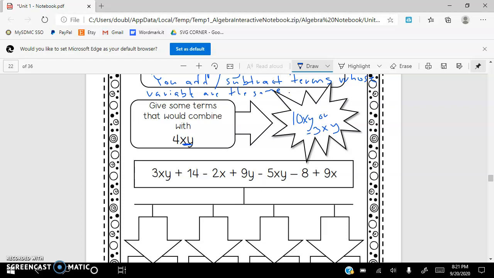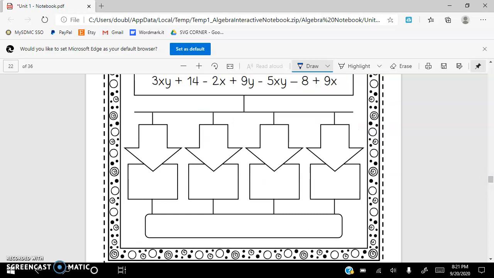So let's get everything we have that's alike in one category. So we have 3xy and a negative 5xy.